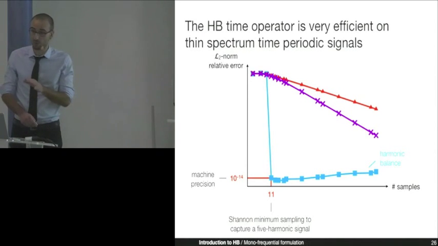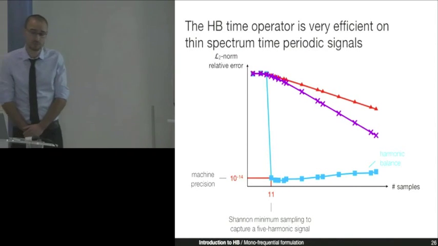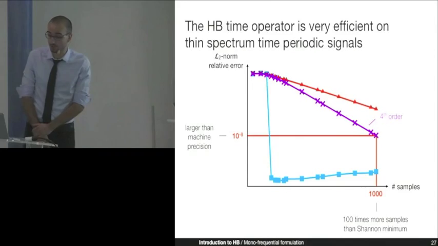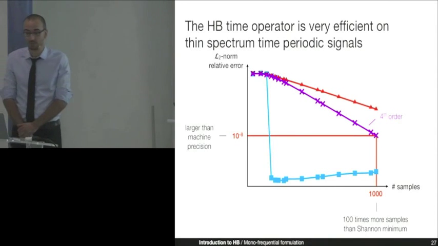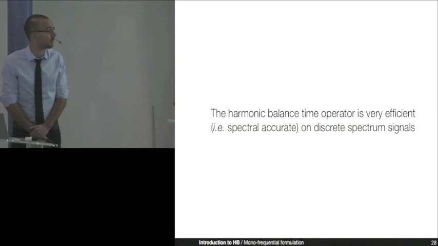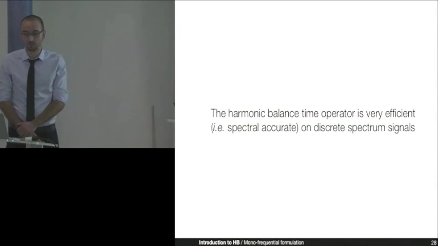So the harmonic balance operator seems very efficient on thin spectrum time periodic signals. This is not the case for the fourth order finite difference approach, which is a good scheme, but you still need to use 100 times more samples to reach a comparable error. So all in all, the harmonic balance time operator is very efficient, and is said to be spectrally accurate on discrete spectrum signals.